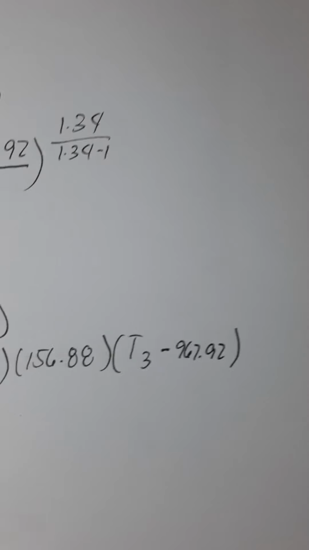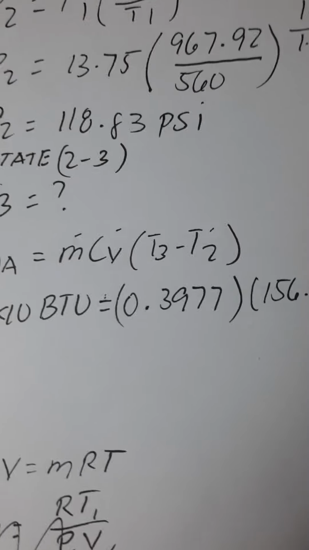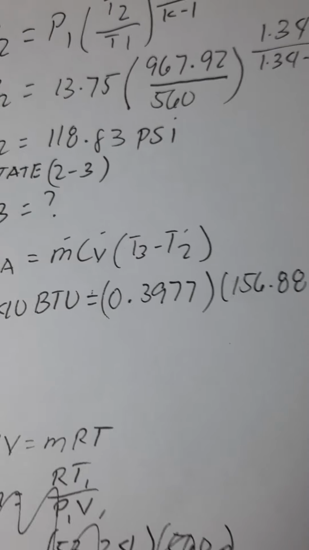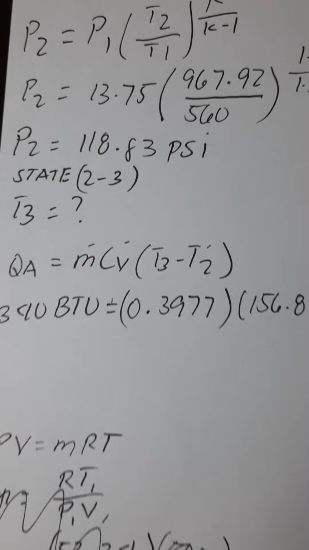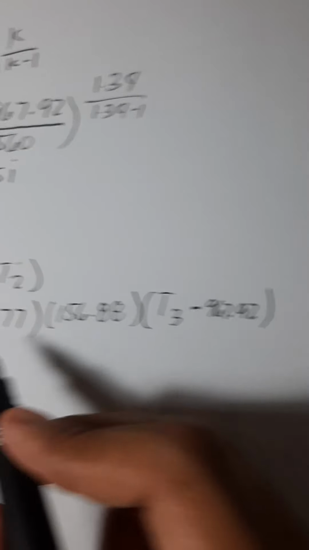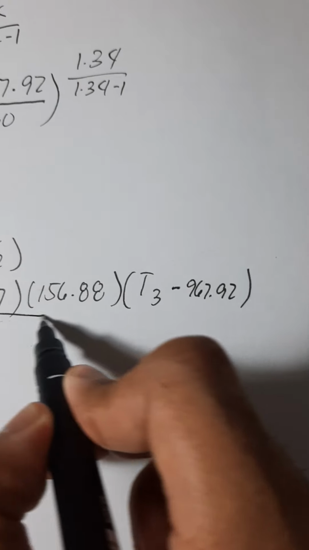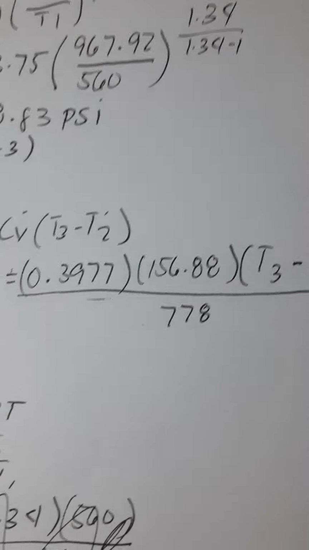We have to convert this heat addition into feet pound. So we just multiply it by 778. I-divide na lang natin dito, 778.